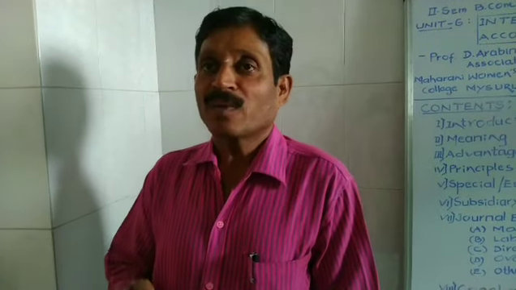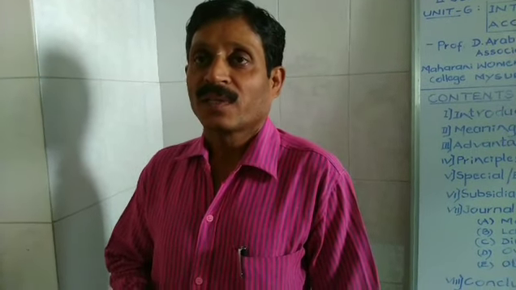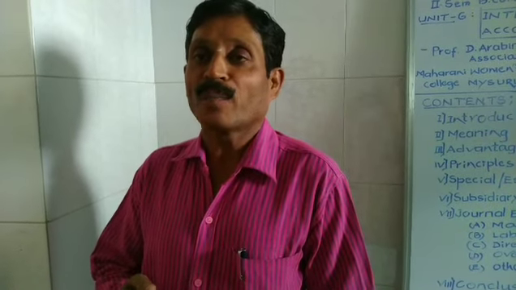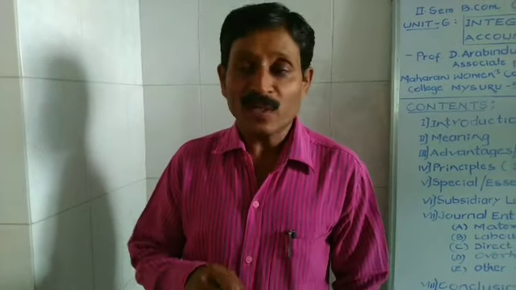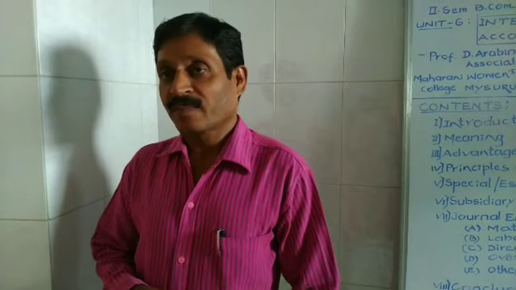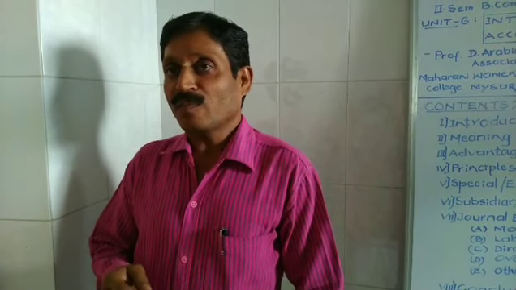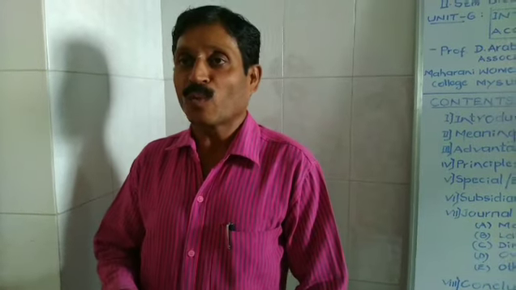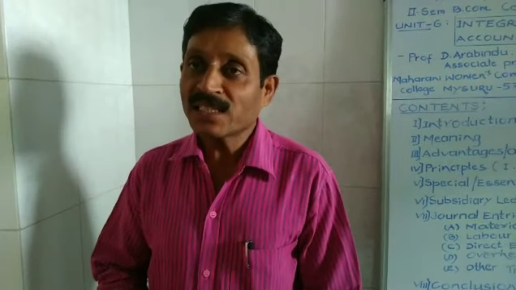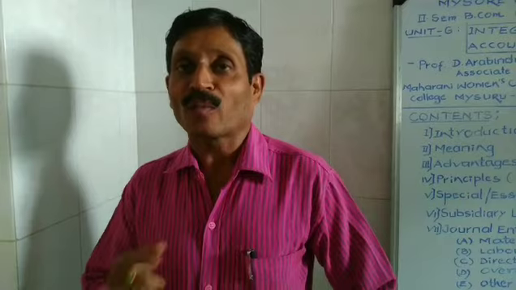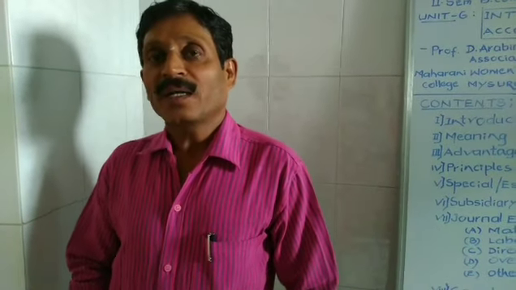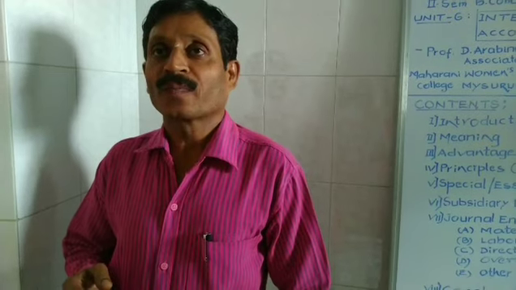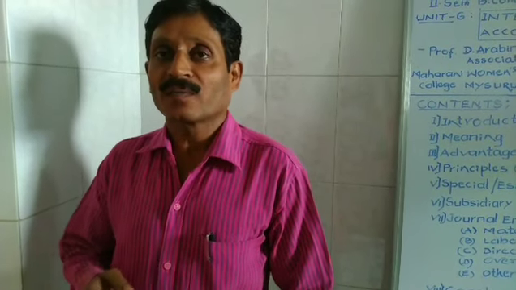Integrated accounting system is a common accounting system in which financial and cost accounting are merged and maintained together. In other words, as per ICMA London, it is a system of one set of books of accounts which provides both financial and cost accounting information. And these are just two definitions related to integrated accounting system.